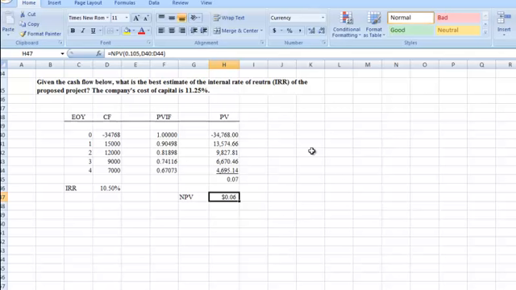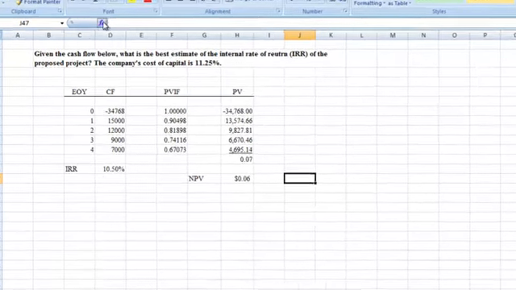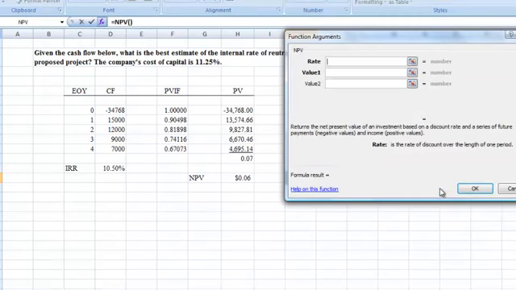What I was going to say earlier is that if we wanted to figure out what the net present value is using this 11.25%, we could do that too. So let's do that. Instead of putting in 10.5%, we'll put 11.25%. Let's see what we get here. We do the same thing we just did.